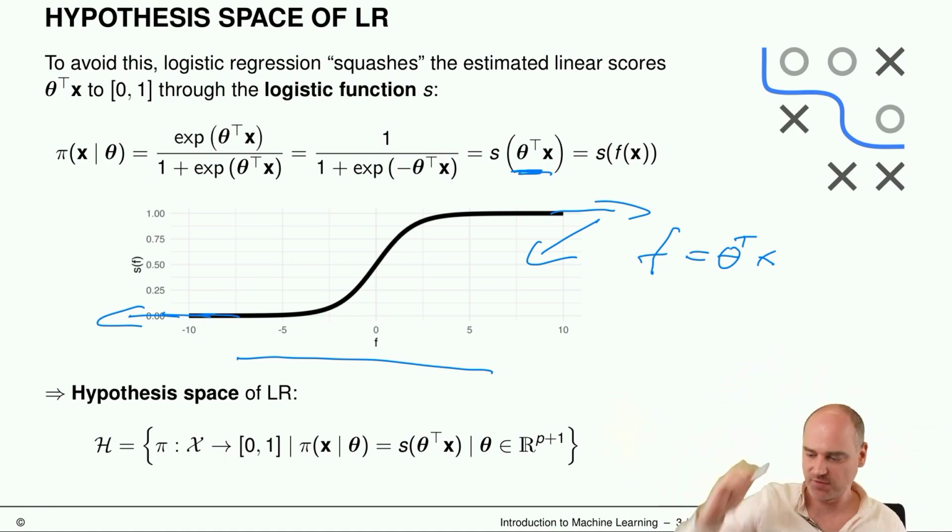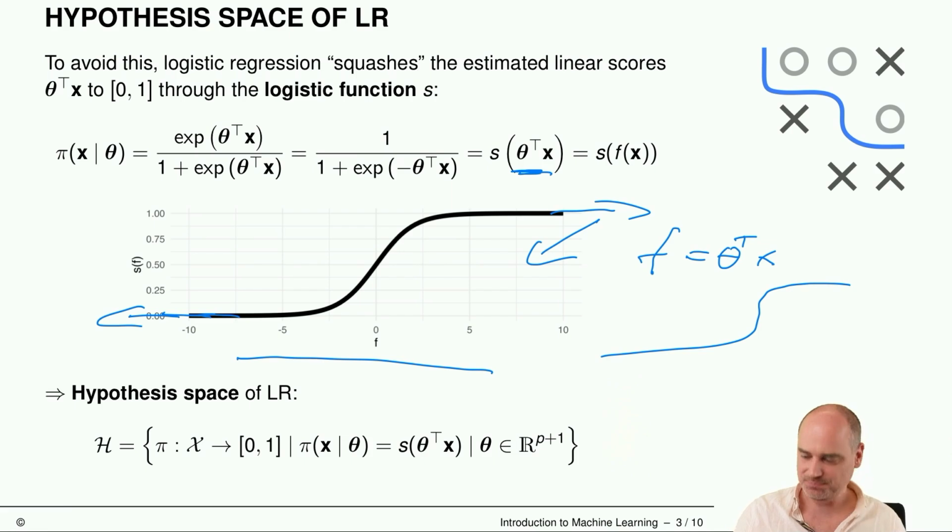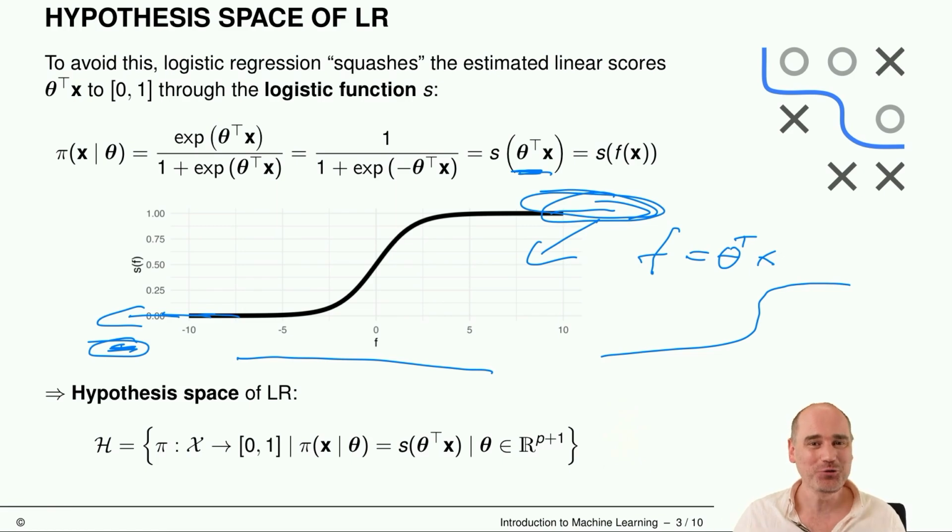So a function like that, pretty much an S. And the idea is if we have very, very small negative scores, this is a very strong indication against the positive class. So here we have a nearly 0 probability for the class being positive. And here with very, very large scores, we would have a very strong confidence in the class being positive.